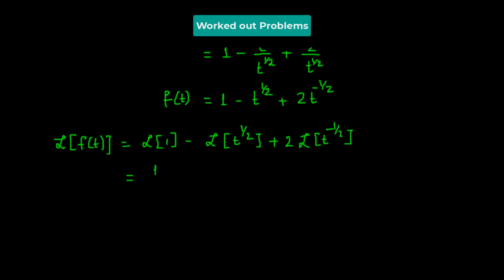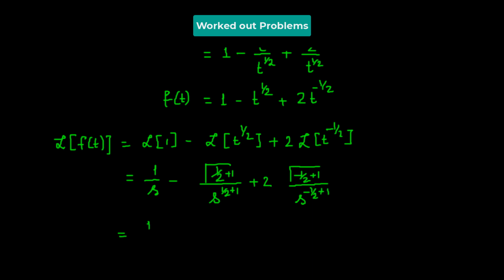So the Laplace transform of 1 is 1 over s, minus the Laplace transform of t raised to the power of half, which will be gamma of half plus 1 divided by s raised to the power of half plus 1, plus 2 times gamma of negative half plus 1 divided by s raised to the power of negative half plus 1.